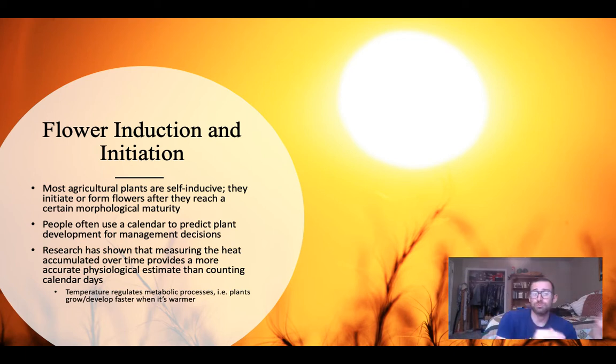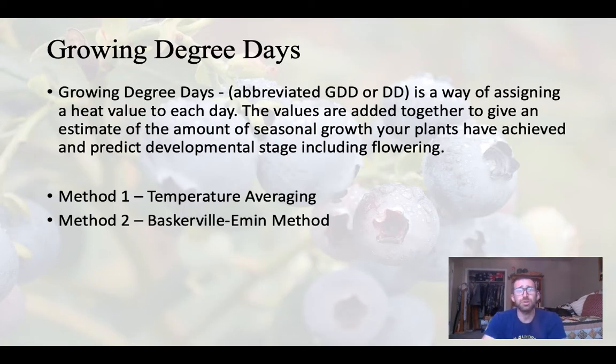And the reason for this is what we've learned before, that temperature regulates metabolic processes, which means essentially temperature is going to affect how fast our plants grow and develop. And remember, the warmer it is, generally our plants are going to grow and develop faster. So we can measure what are called growing degree days.